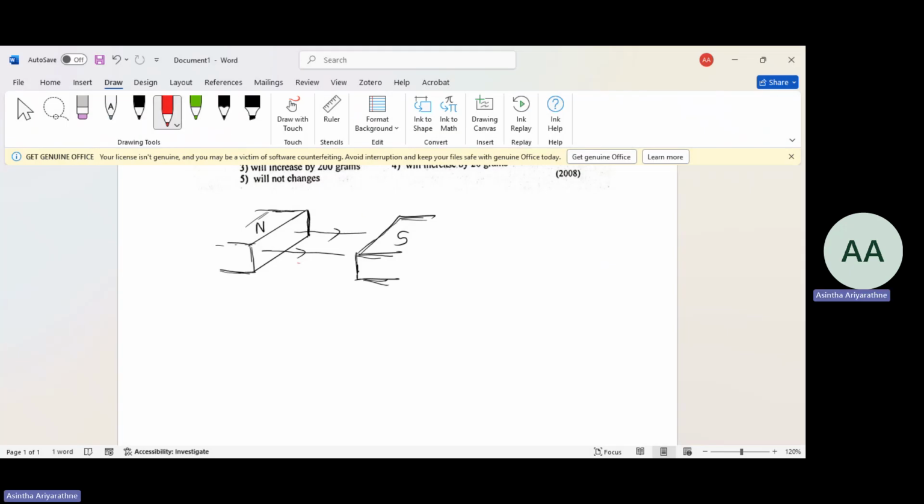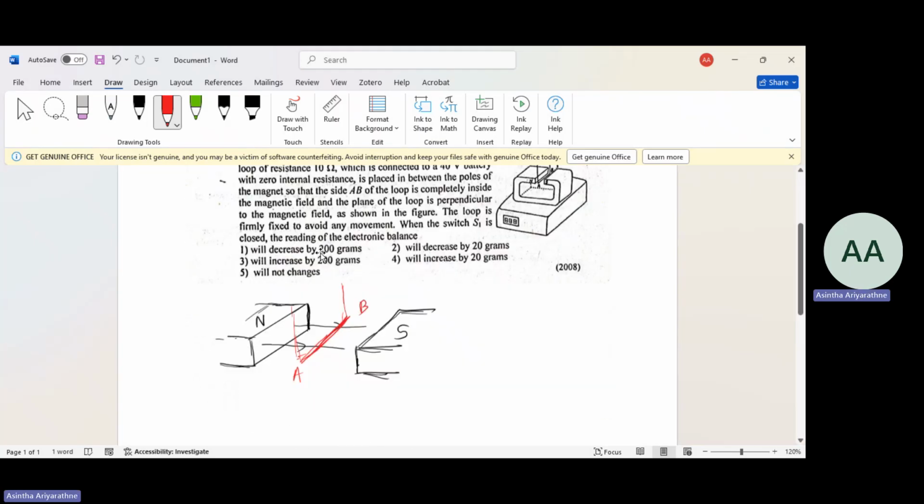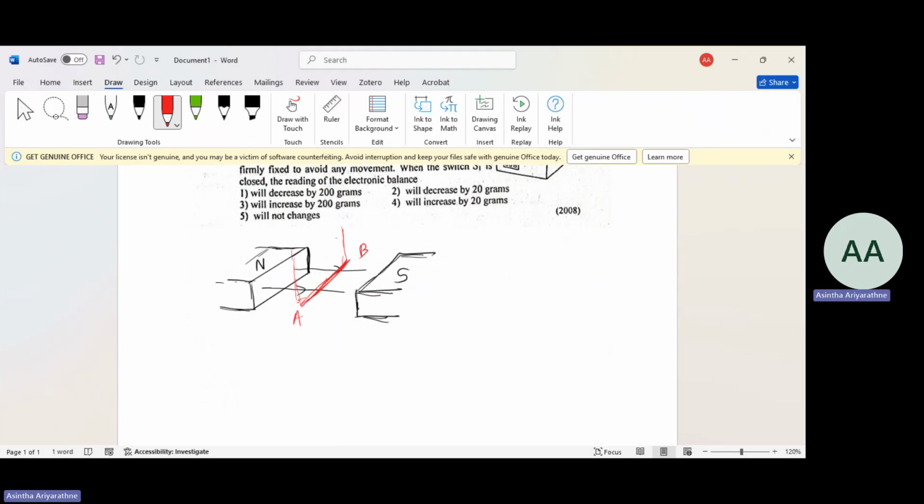This is the conductor AB, and this is the other side of the loop. So current is flowing in this manner.